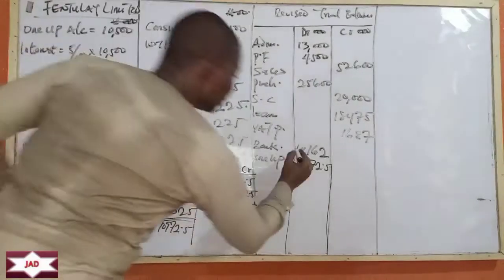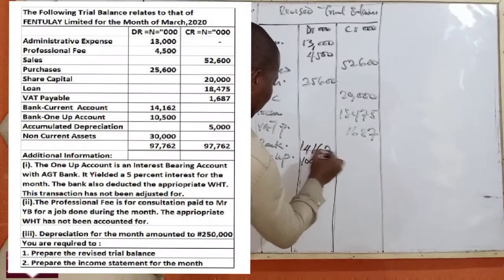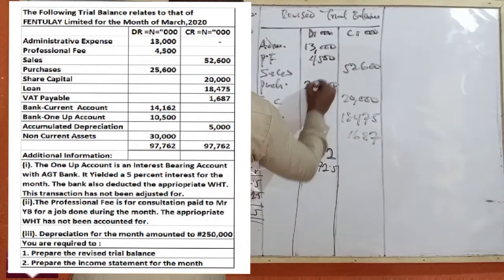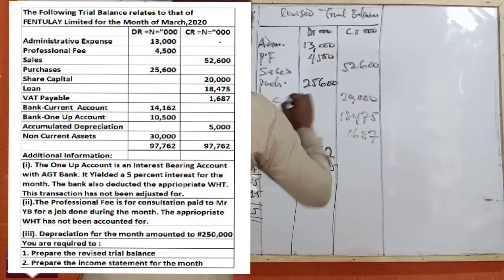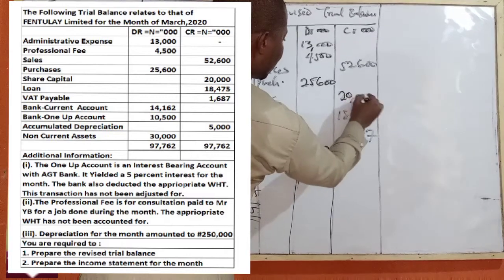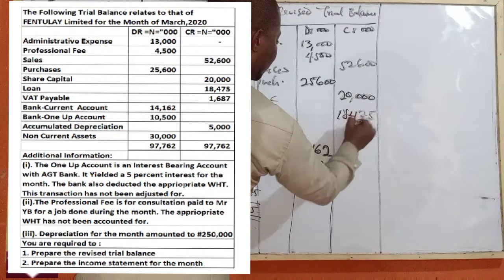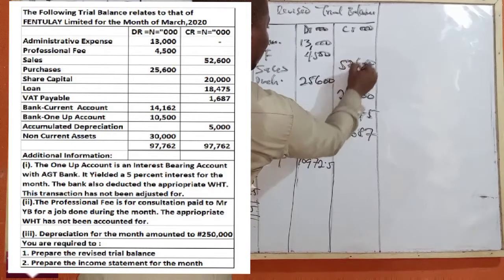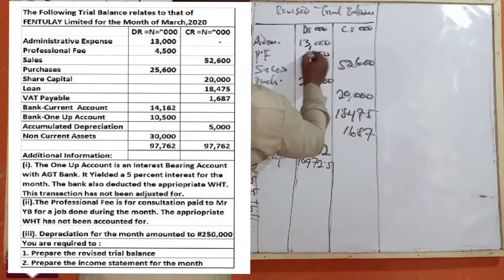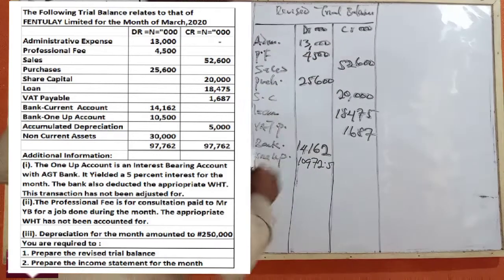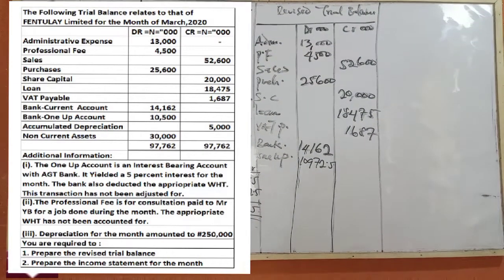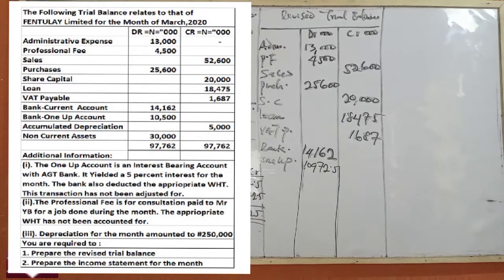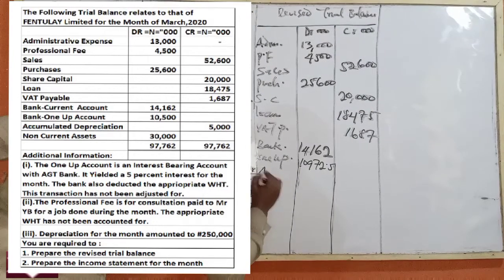Okay, so here is 14,162. Okay, this is 25,600, 20,000, 18,475, 1,687, 22,600, 4,500. So what's the next item there after one up? Accumulated depreciation.